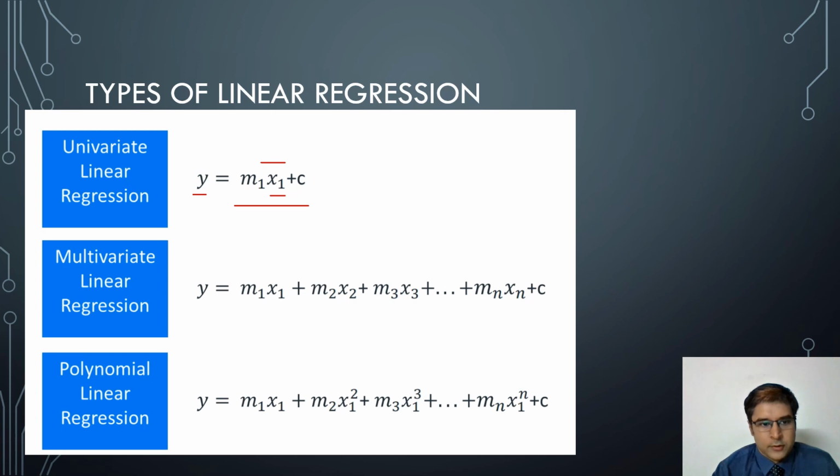Then comes multivariate linear regression, where there is a linear dependency on a number of independent variables x1 to xn, and y is the dependent variable. Next one is polynomial linear regression, in which there is a polynomial dependency on multiple independent variables x1 to xn. So each has its own separate powers here. It can be a polynomial as well.